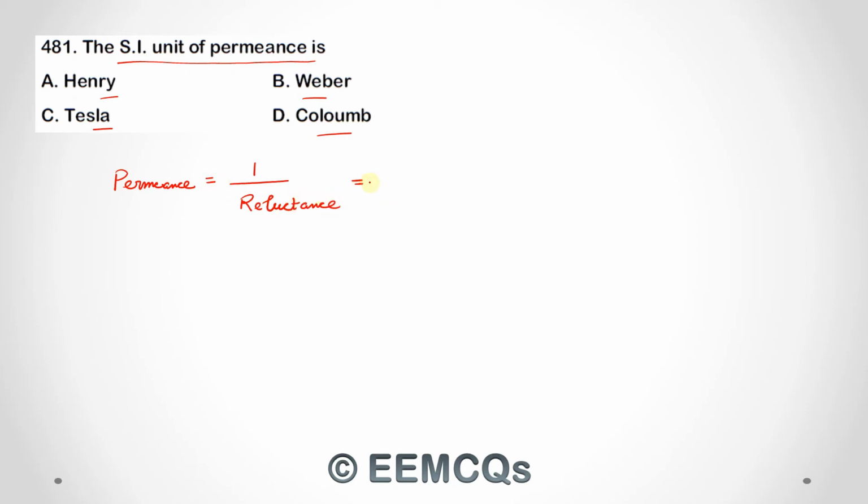And what we know? Reluctance is MMF or magnetomotive force divided by flux, and the unit of MMF is ampere turn, whereas the unit of flux is Weber. So the unit of permeance is basically Weber per ampere turn.